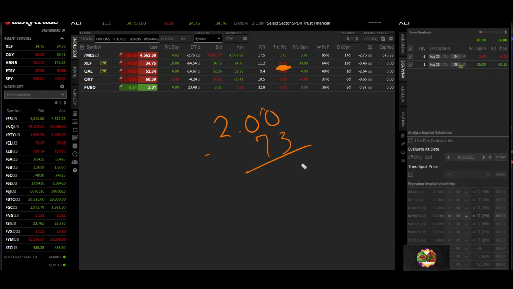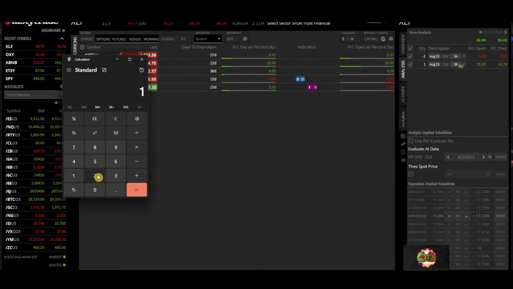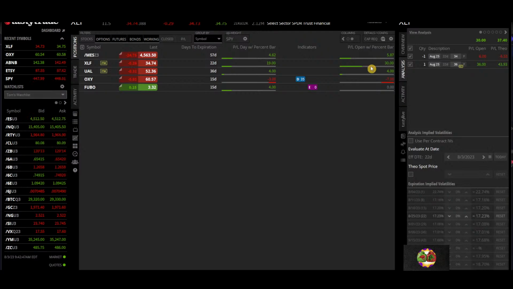So 127 is the max I can make on the trade, and we're at 29 bucks. So what's half of 127? $63. That will be 50% of the max profit that I can make.